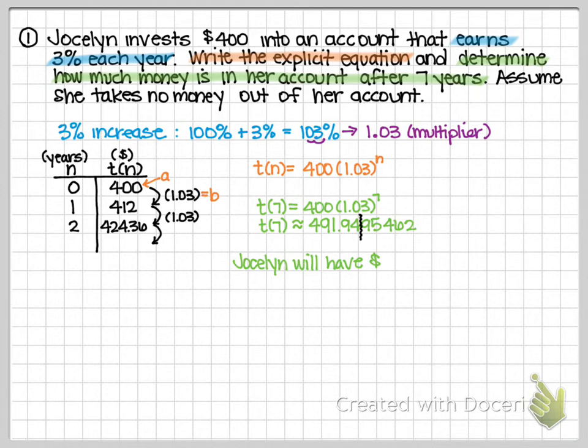Do you think that the bank is going to round up and make it 95 cents or round down and make it 94 cents? It's going to be 94 cents. So the bank is never going to give you more money than you absolutely are entitled to. Unfortunate, but true. So Jocelyn will have $491.94 in her account after 7 years.